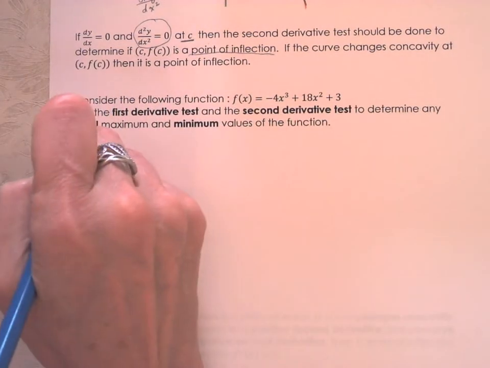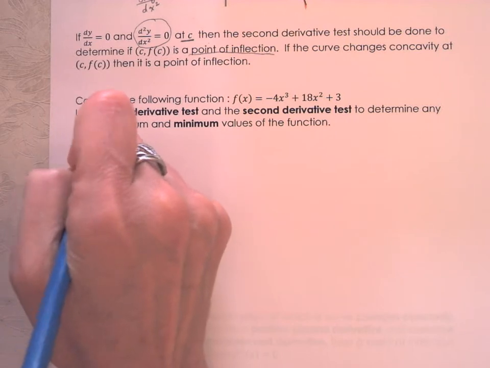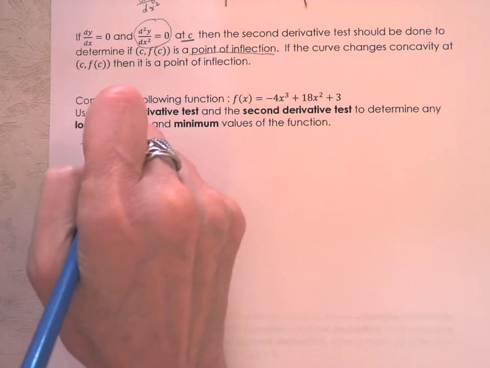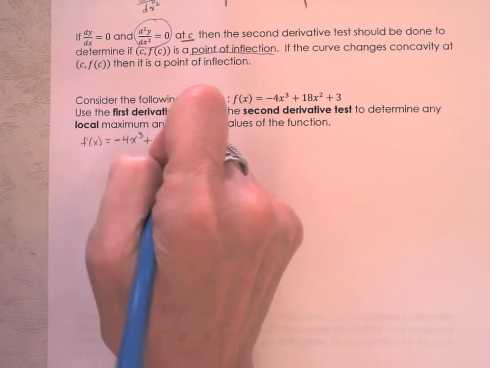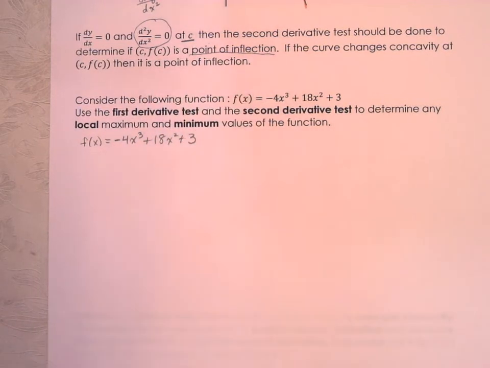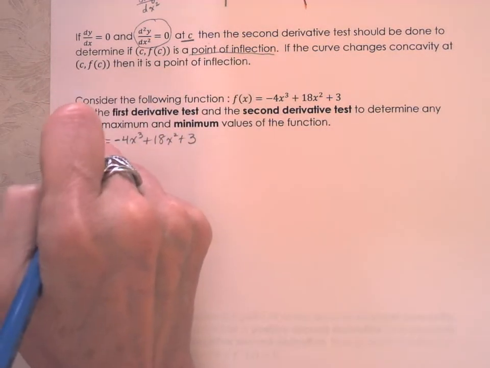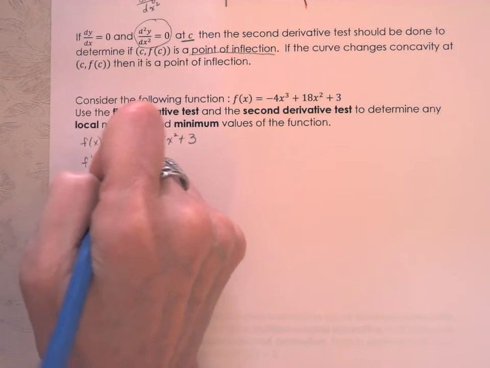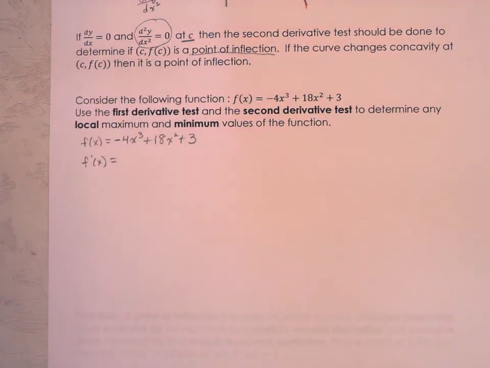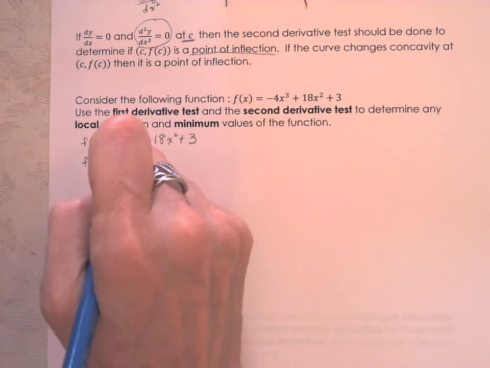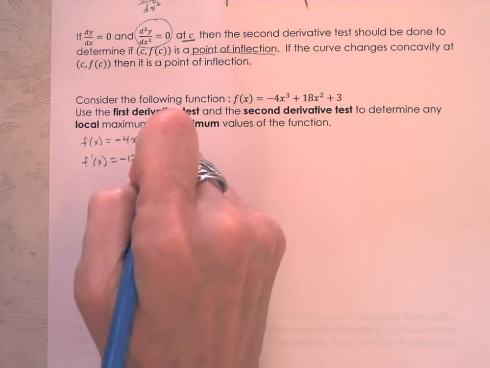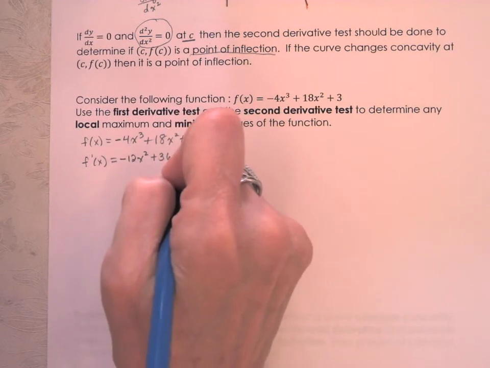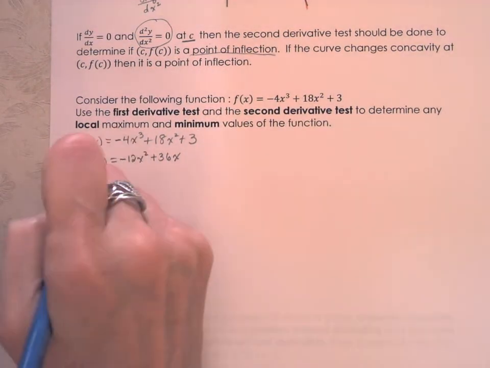So I've got my f at x equals negative 4x cubed plus 18x squared plus 3. And I'm going to find the first derivative and put it in simplified factored form. So the first derivative is negative 12x squared plus 36x plus 0.